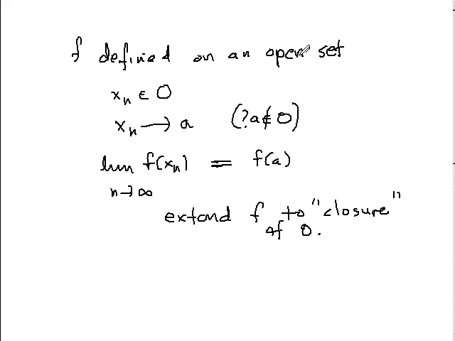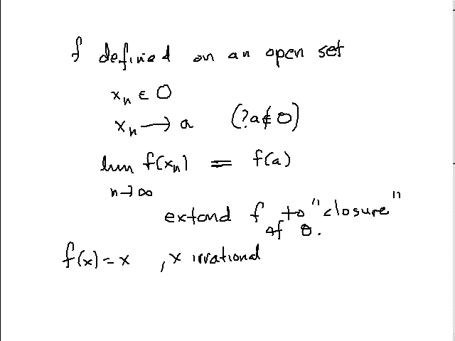For example, if f of x is equal to x, for x irrational, but not defined on the rationals. This is what I mean by extension or closure. Now this can lead to a lot of interesting questions that we'll get to next lecture also. So this leads to all kinds of very subtle problems.